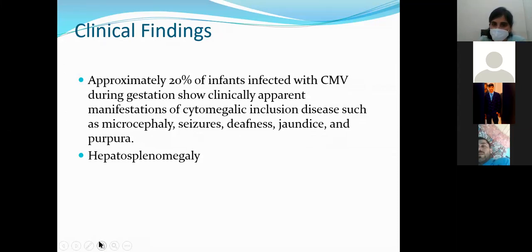Approximately 20% of the infants infected with cytomegalovirus during gestation show clinically apparent manifestations of cytomegalic inclusion disease such as microcephaly, seizures, deafness, jaundice, and purpura. So, the cytomegalic inclusion disease can present as microcephaly, seizures, deafness, jaundice, purpura, and hepatosplenomegaly.